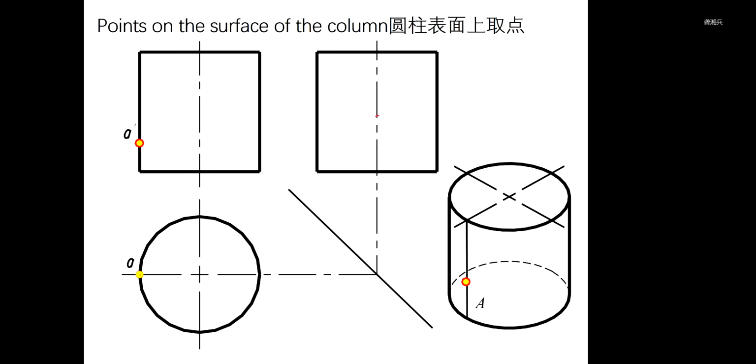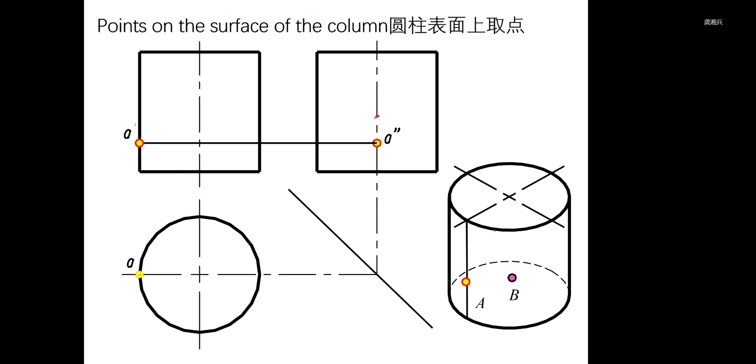A should be on this one. From this direction, A is on the center line here. So A should be here, because from this direction and from this direction, A is visible.